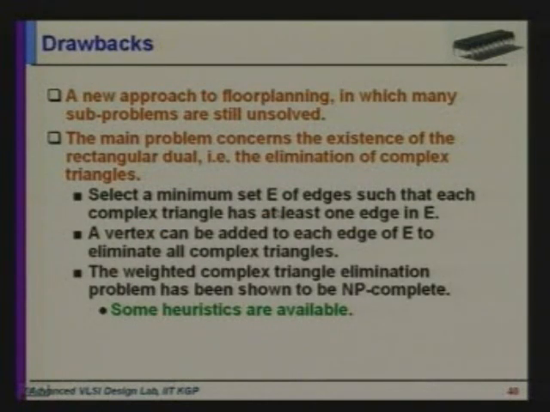Select a minimum set E of edges such that each complex triangle has at least one edge in E. A vertex can be added to each edge in E to eliminate all complex triangles. So, I need to break these complex triangles. The weighted complex triangle elimination problem is NP complete again. Fine.